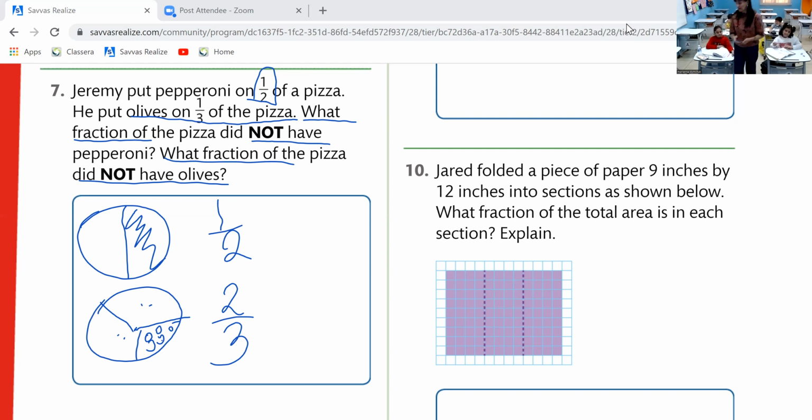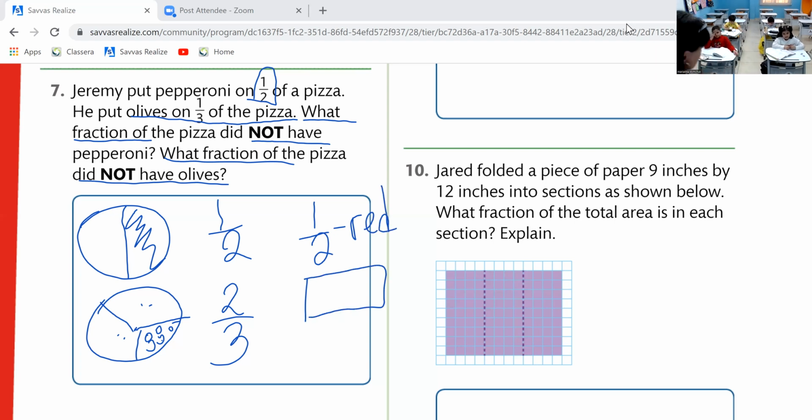Imagine that you have a collection of those beads, and it tells you that half of your collection is red. So this is your box with beads. 1 out of 2, so you divide into 2, and half is red.